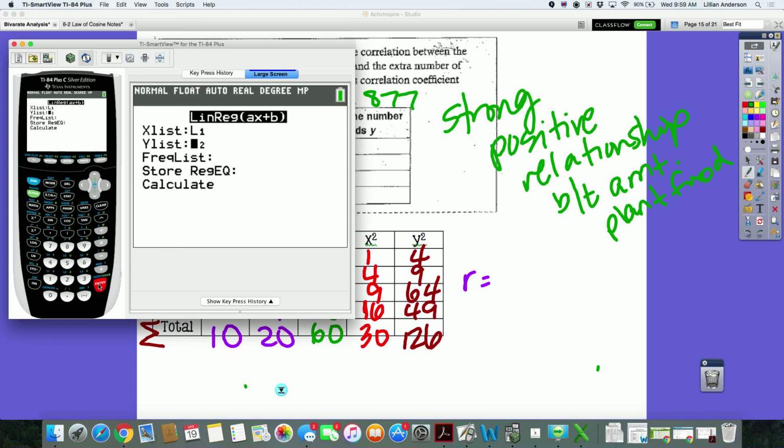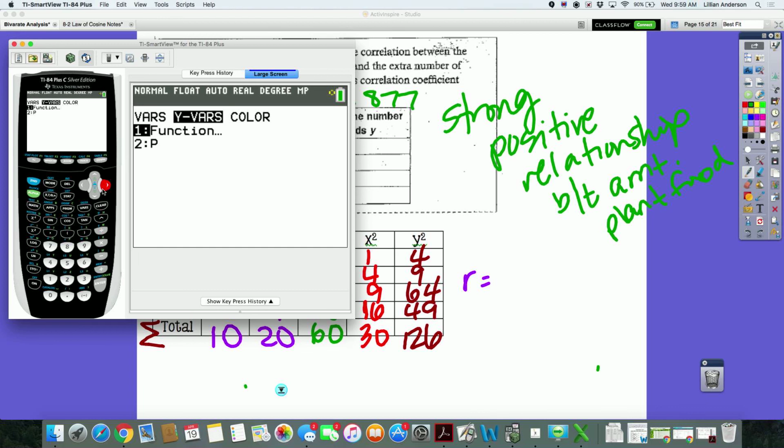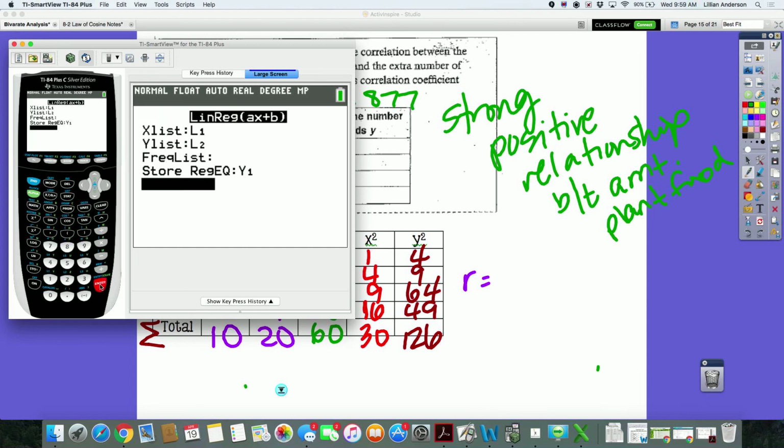So if there's an L2 sitting there, just clear it out. How do I store it? That's when I go through the whole bars, Y bars, 1, 1. Okay? When we hit calculate, that's exactly what we got, 0.877.